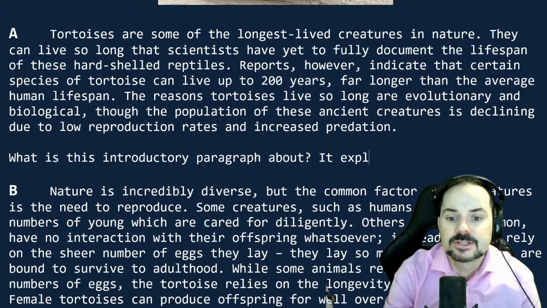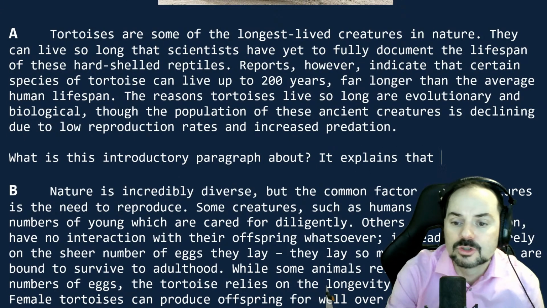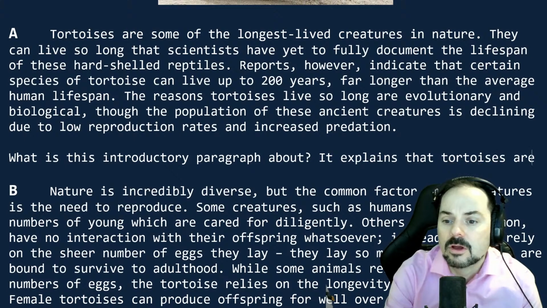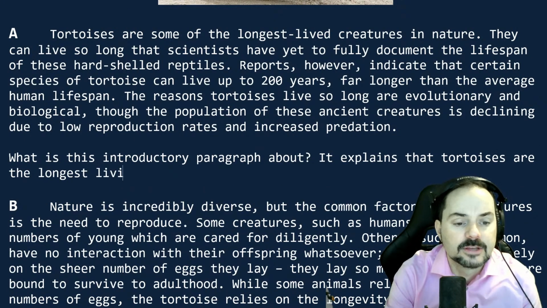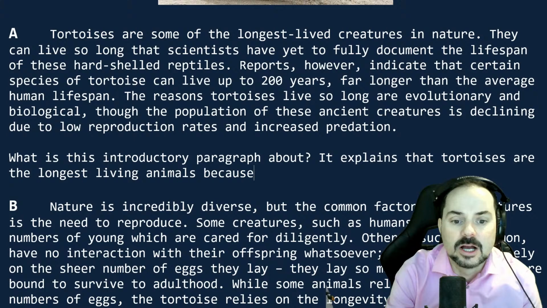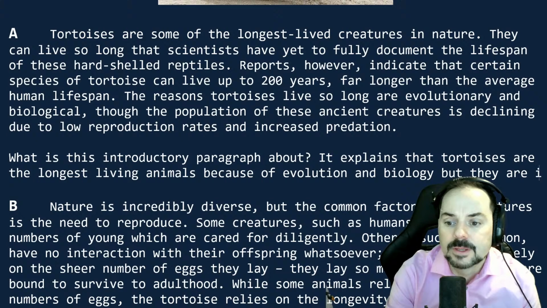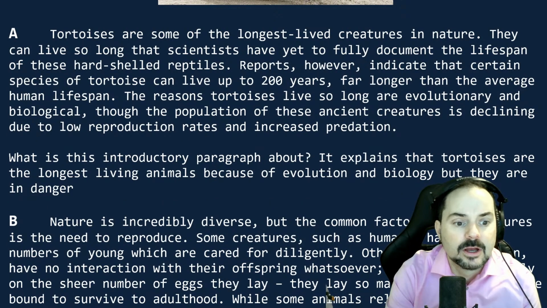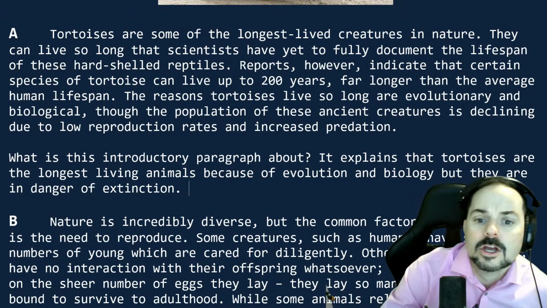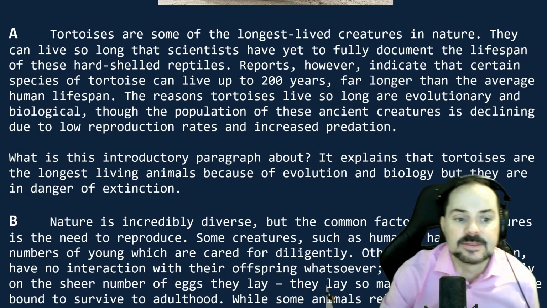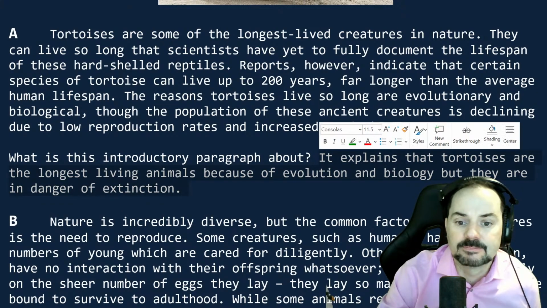It explains that tortoises are the longest living animals because of evolution and biology, but they are in danger of extinction. Okay, so I've basically taken the full paragraph and I've summarized it in this one sentence here.